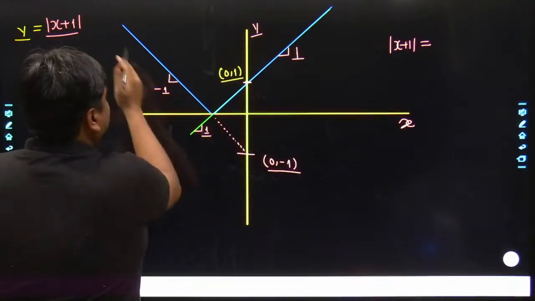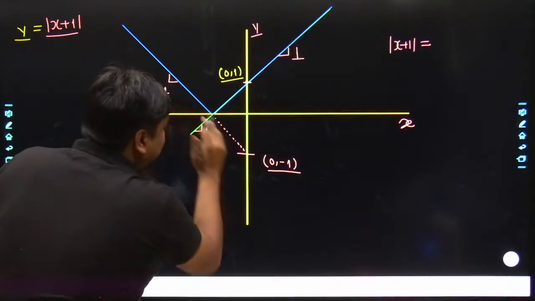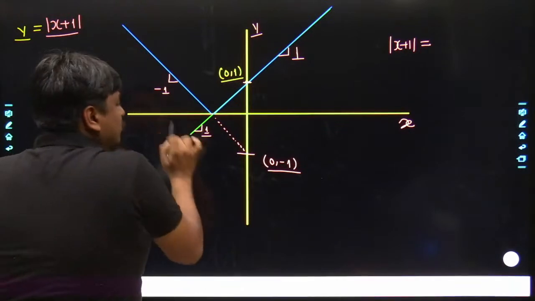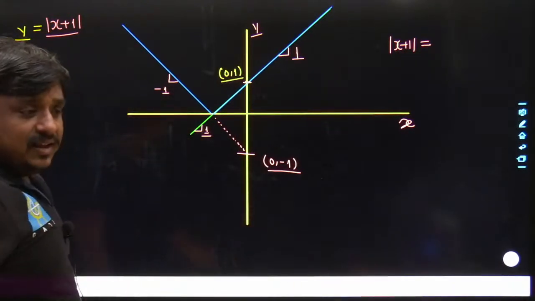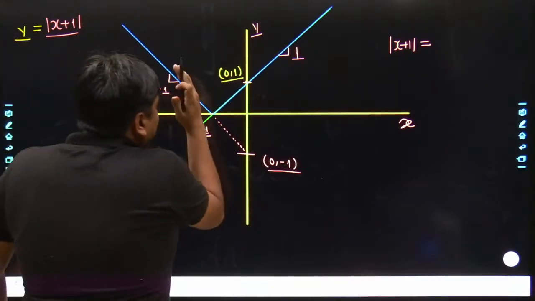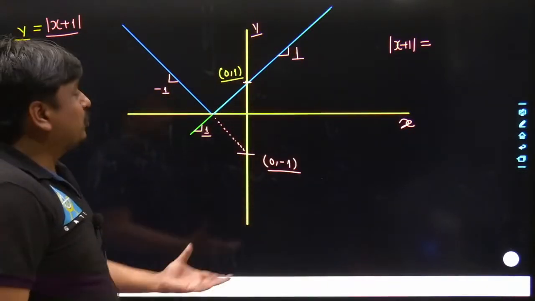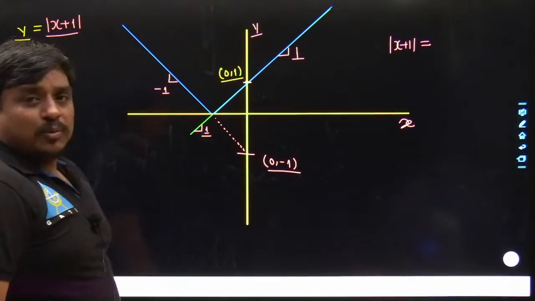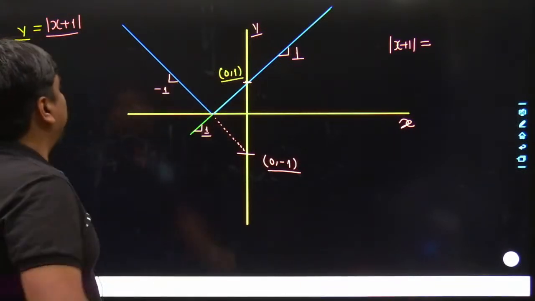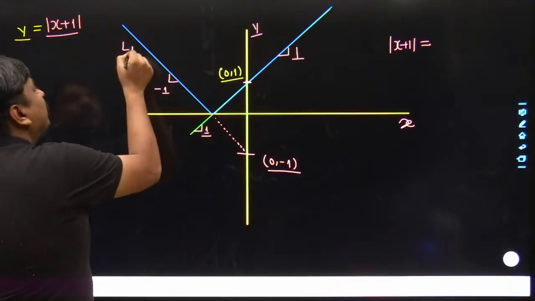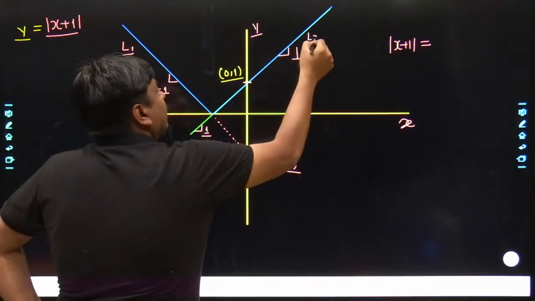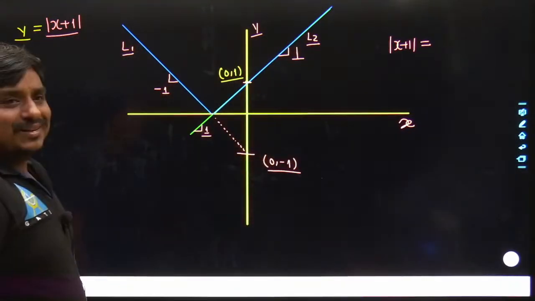Before this point it has been a different function. Obviously it has been a line which had slope equal to minus 1 crossing through the point c equals minus 1, and similarly after this point it had been a straight line which had slope equal to +1 crossing through (0, 1). Obviously, it had been two different straight lines and they have been valid for a certain range of x.